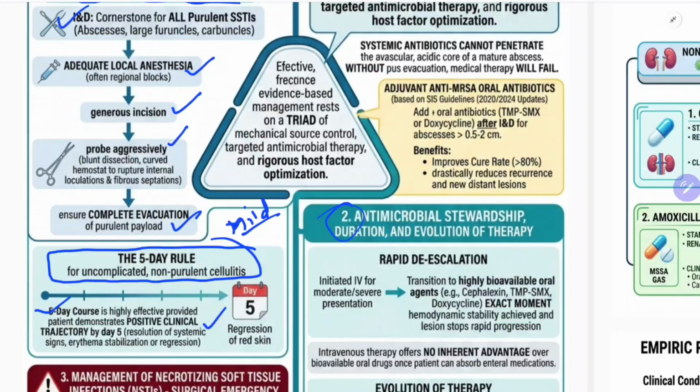If the patient does not have any purulence and it is uncomplicated cellulitis, then after giving 5 days of antibiotics, if on the 5th day the patient shows signs of regression, that is, erythema has stopped progressing and systemic signs have resolved, then 5 days of therapy is enough. So just giving antibiotics for 5 days is enough for uncomplicated non-purulent cellulitis, provided there is a positive clinical trajectory by day 5.